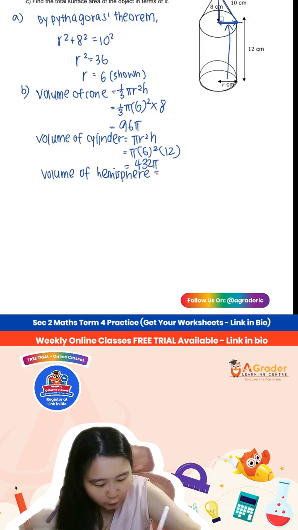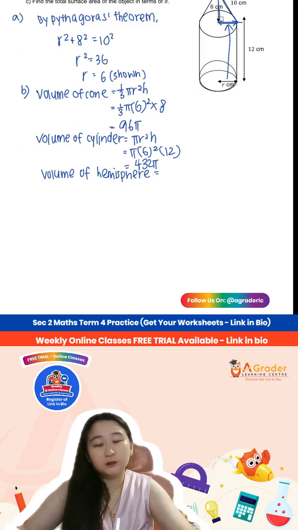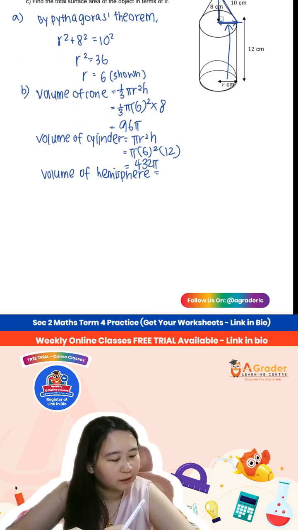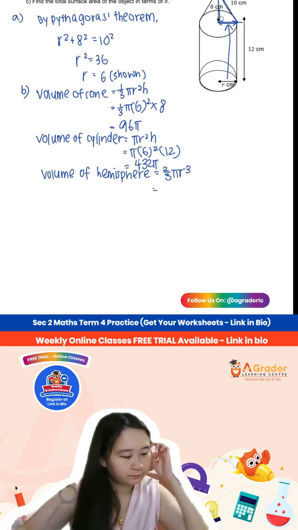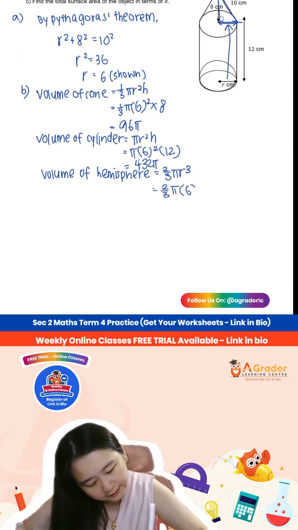So lastly, the volume of hemisphere. So volume of sphere is 2/3 pi r cube, sorry, 4/3 pi r cube. Hemisphere is half of a sphere, so we halve it, it will be 2/3 pi r cube. Okay, the radius is 6 as well.